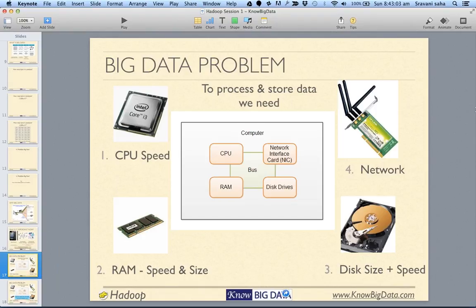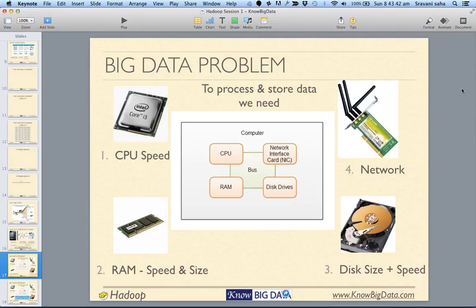Now, let's say you put this data onto multiple computers on the network. So already you have opted for a distributed system. Now you want to process it. What will become the bottleneck? Network will become the bottleneck. Thank you, Karthik. Yes. If you put the data onto the network, then the network is going to become the bottleneck. That is how the network is counted as one of the processing units.